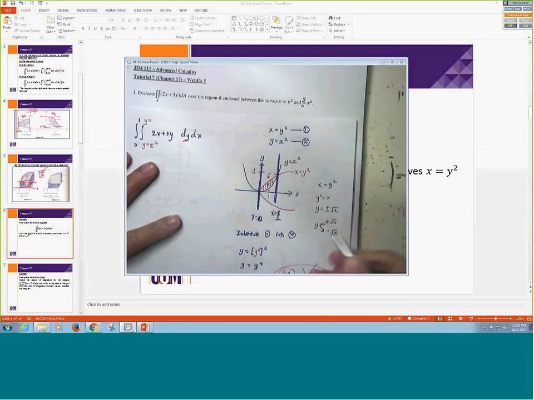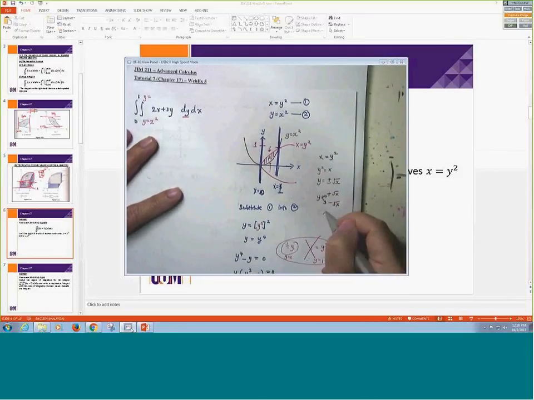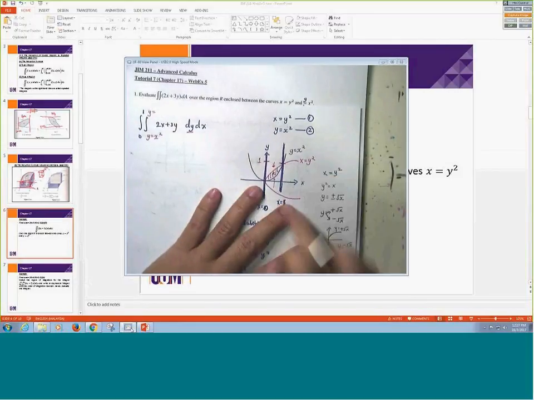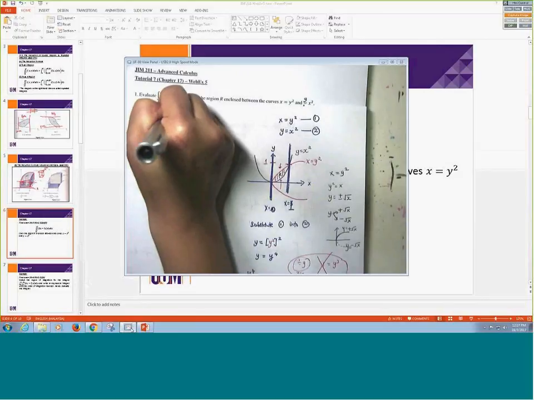The positive one means the upper one, and the negative one is the lower part. So the upper one is the positive square root of x.